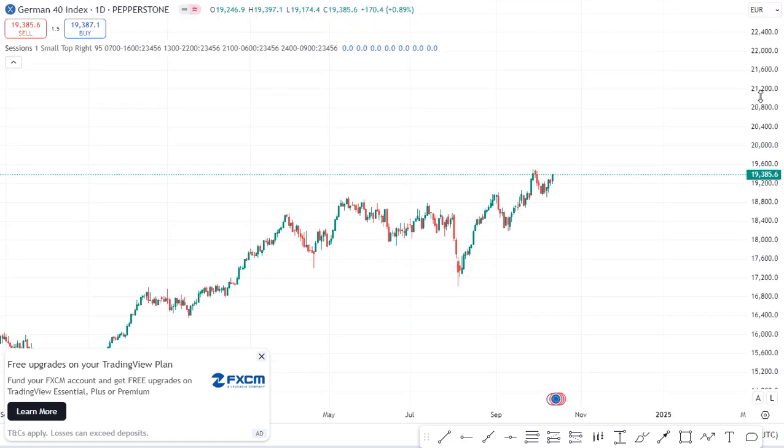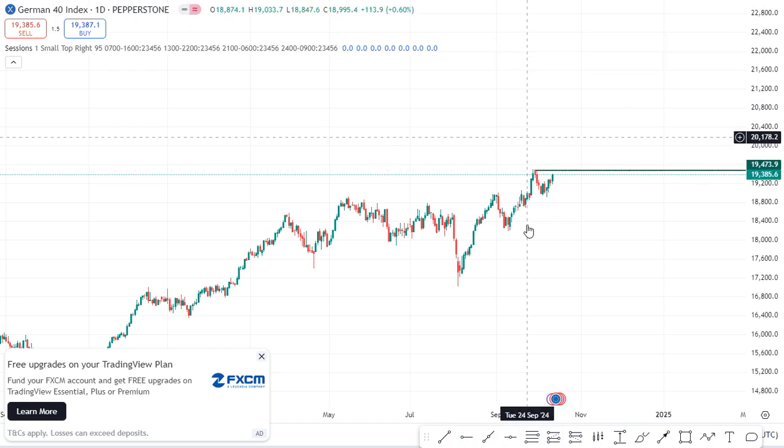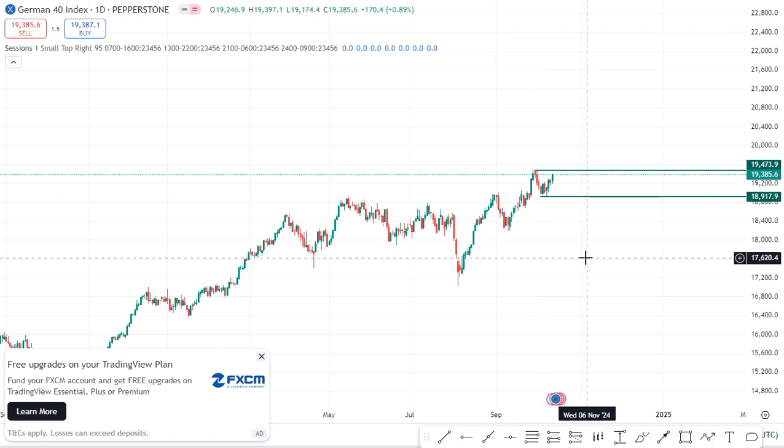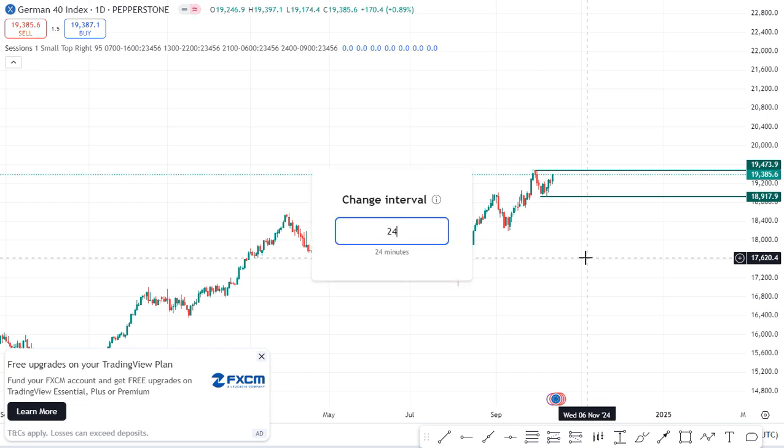You can see, guys, we are on an uptrend. We are buying. This is our high, and this is our current higher low. Daily: higher high and higher low.